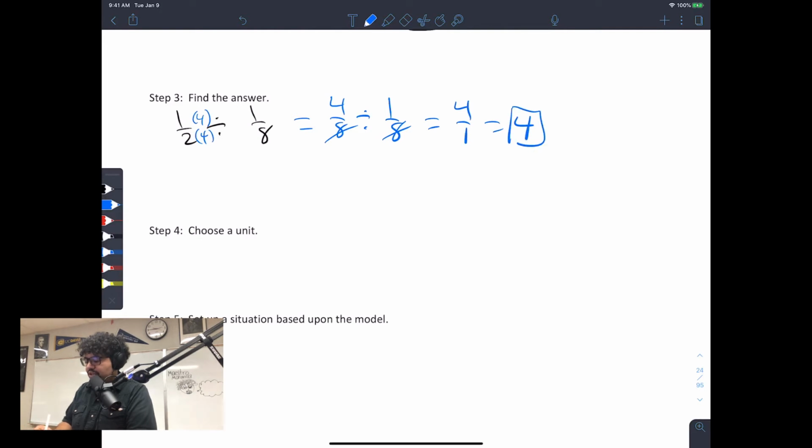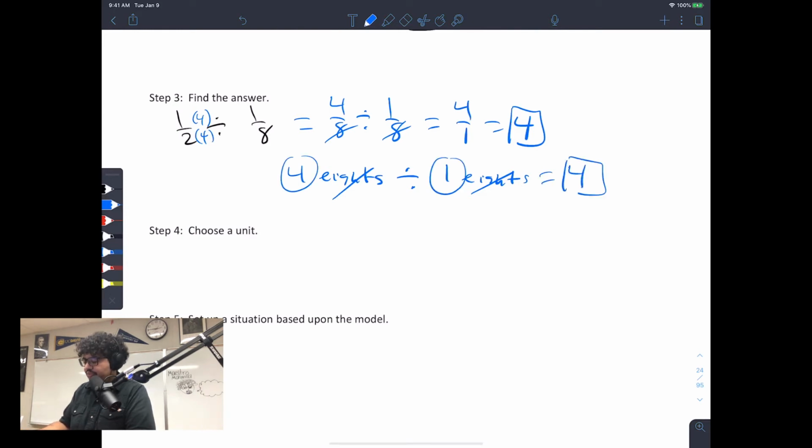We can also say that you have 4/8 divided by 1/8, and the 8 will cancel, and then you have 4 divided by 1, and that's equal to 4.